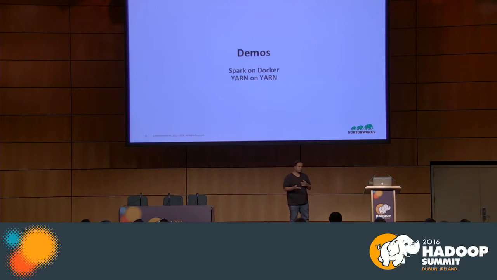And from a Hortonworks or a vendor perspective, if we have to ship 20 different dependencies or 20 different versions of Spark, that's not going to scale either. So what we can do instead is create Docker images for these different versions of Spark with their different dependencies, and then just use them on the cluster. So let's see.